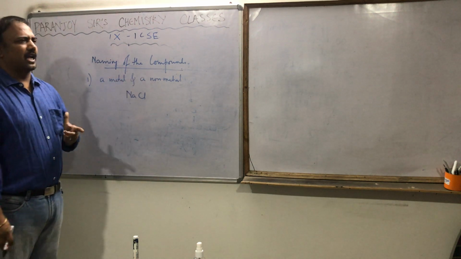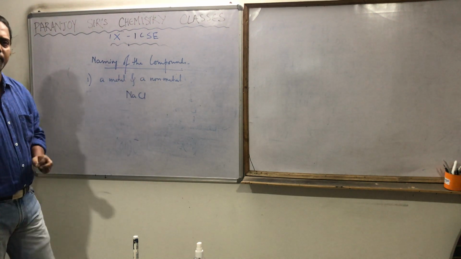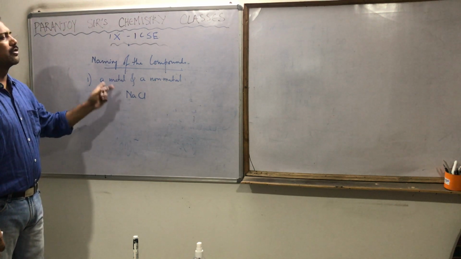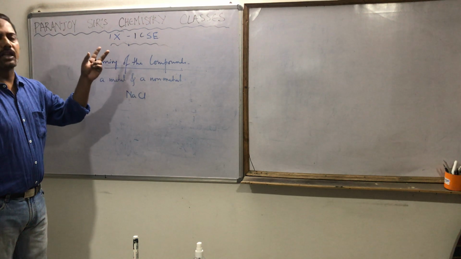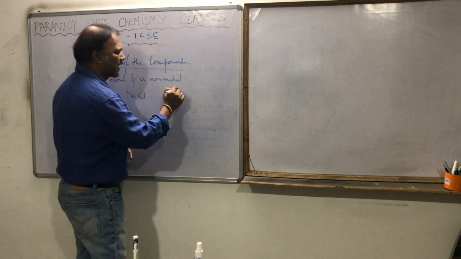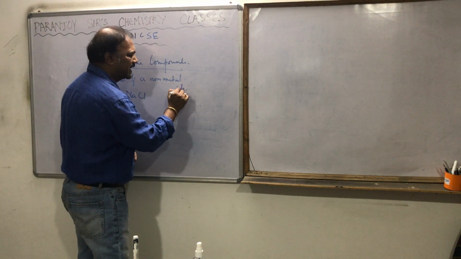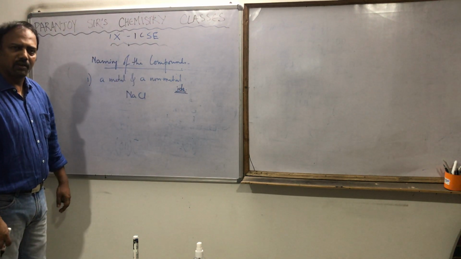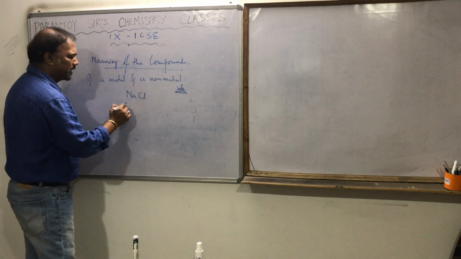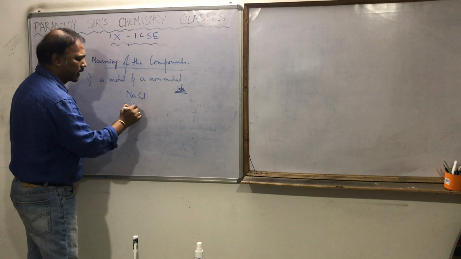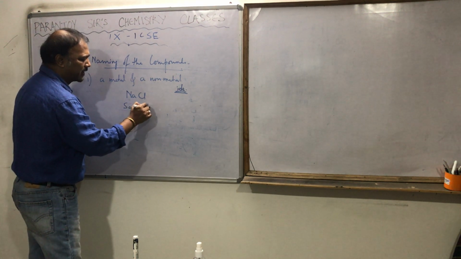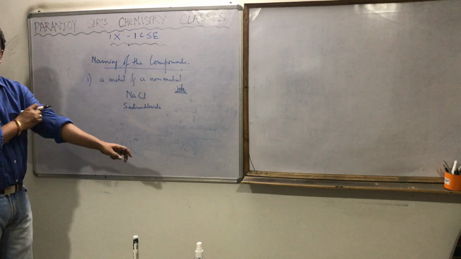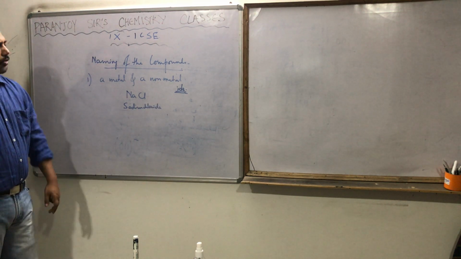So for these types, first we should name the metal, then we should name the non-metal with the suffix IDE. So what should be the name of this? The name of this is sodium chloride. Okay, fine.